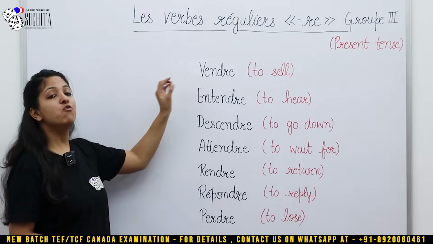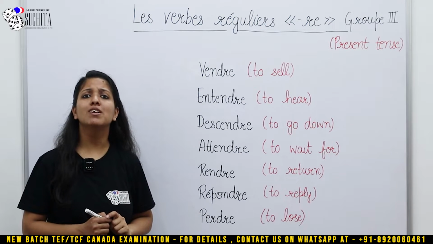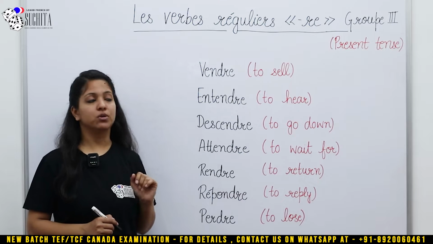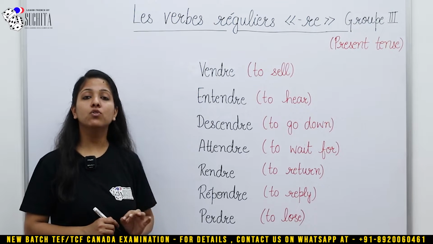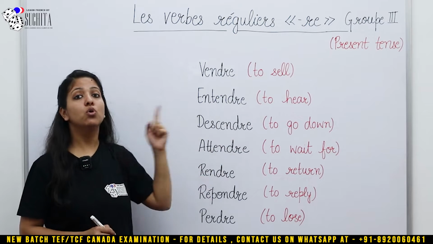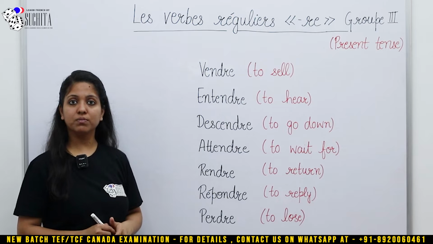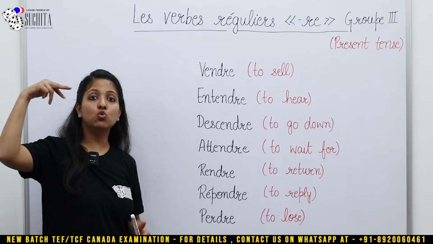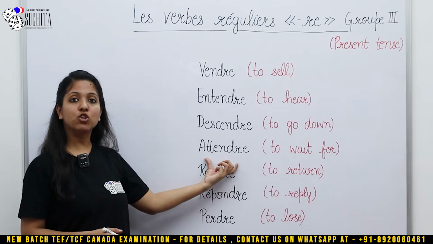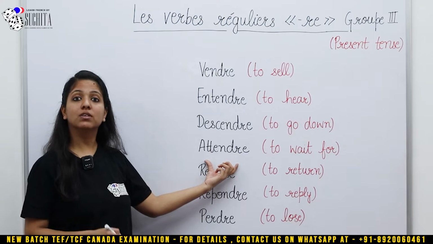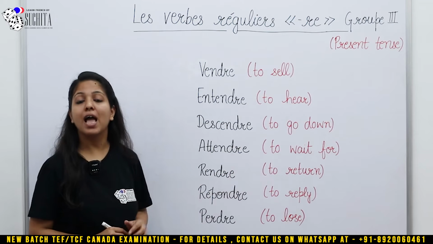One, vendre, which means to sell. Entendre, which means to hear. Descendre, which means to go down or to descend. Attendre, it doesn't mean to attend. It means to wait for.